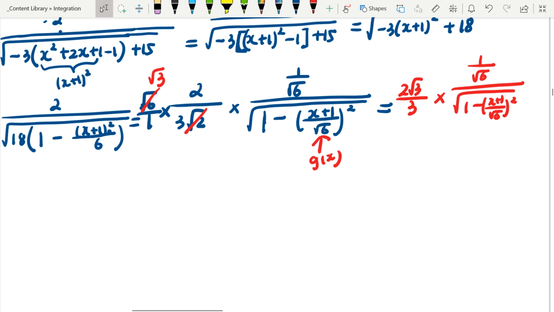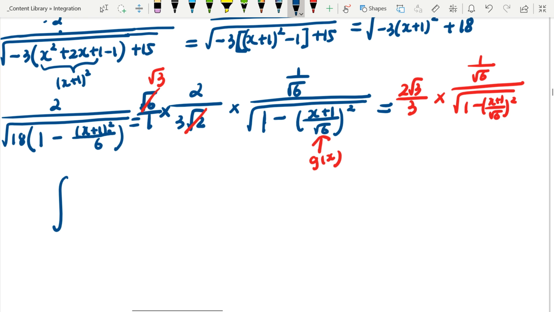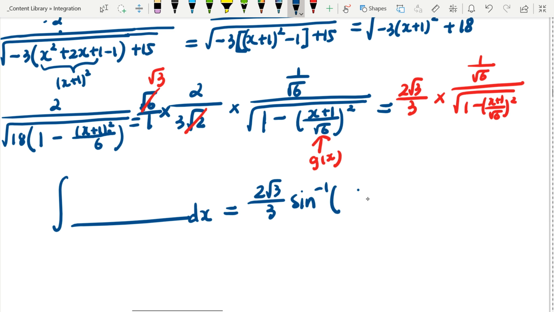Until here, I have the correct form I want to make the antiderivative. The antiderivative of that gives you 2 root 3 over 3 sine inverse, because you have the square root here. So you have sine inverse of (x plus 1) on root 6, plus c.